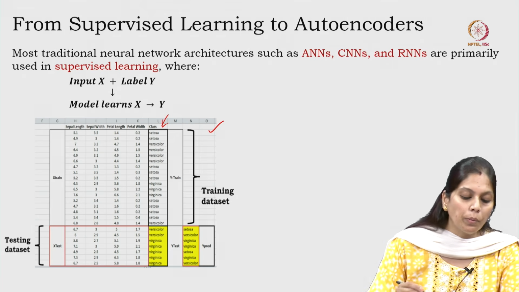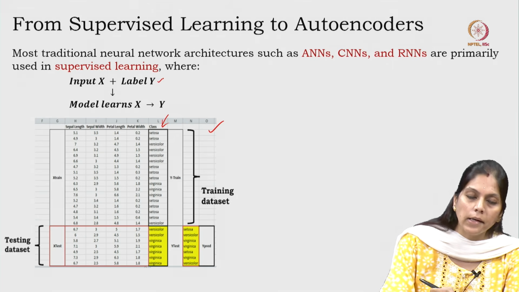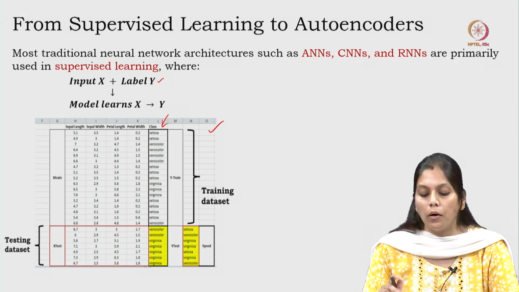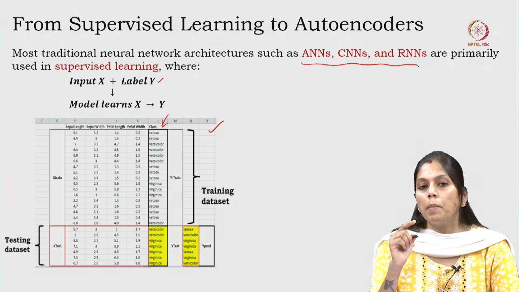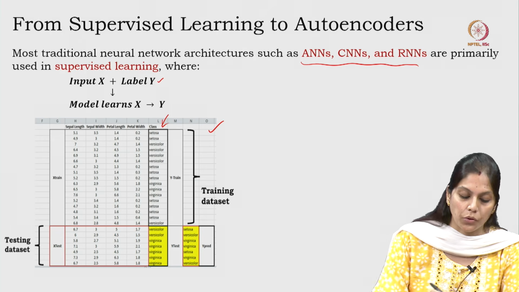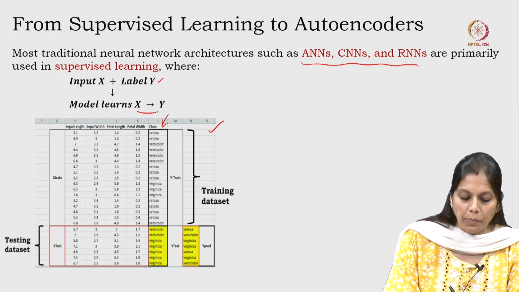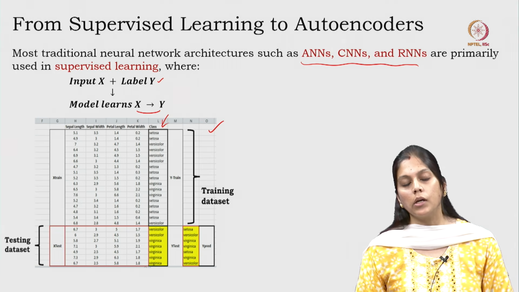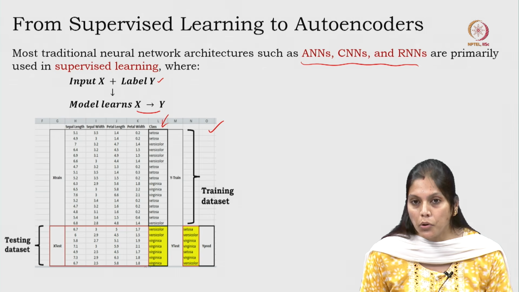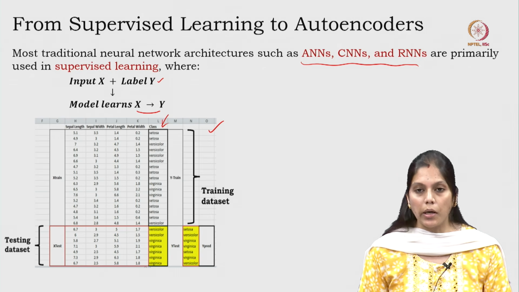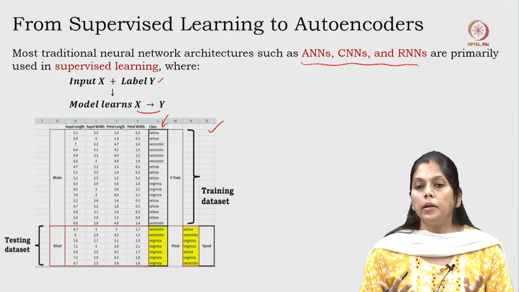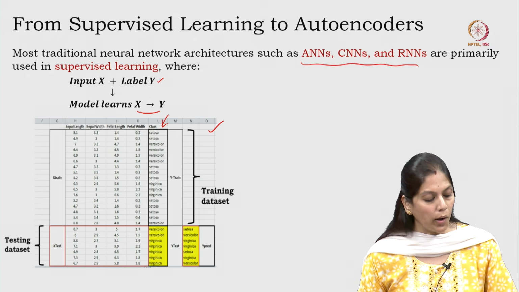So therefore, a supervised learning will have an input X and then the label Y. With this, all of these models mainly focus on learning the mapping from input to output. So it learns the mapping, for this particular input, what is the label which is associated. So this is all about supervised learning, where we have input data and we have labels associated with it. And the model is mainly aiming to learn the mapping between X and then Y.